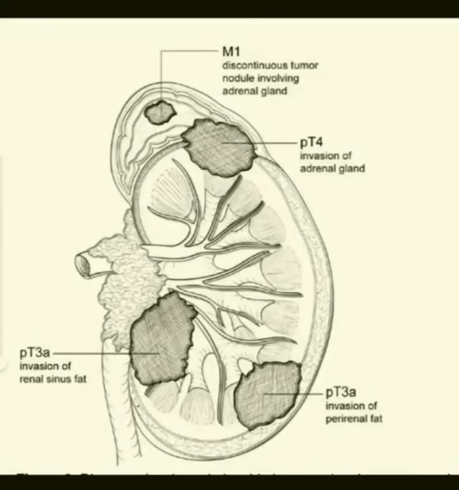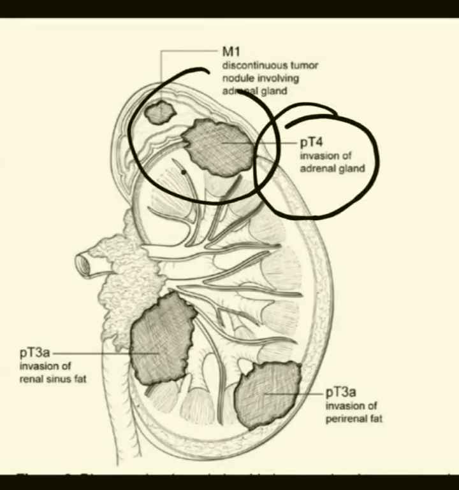Let us begin with a quick revision on TNM staging of renal cell carcinoma. Now, pT4 we call it when the adrenal gland is involved, or when the Gerota's fascia is involved, we call it pT4. pT4 and pT3 do not require the dimension of the tumor to be classified as either pT4 or pT3.